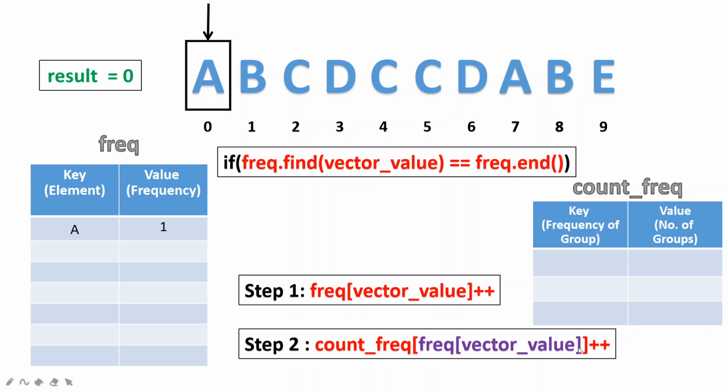How do we do that? We pass this to the frequency, which gives me 1, and this 1 is passed as a key to the count frequency hash map. So the whole purple thing is basically 1, and 1 is passed as a key, and that creates a new element, that is 1 corresponding to 1.